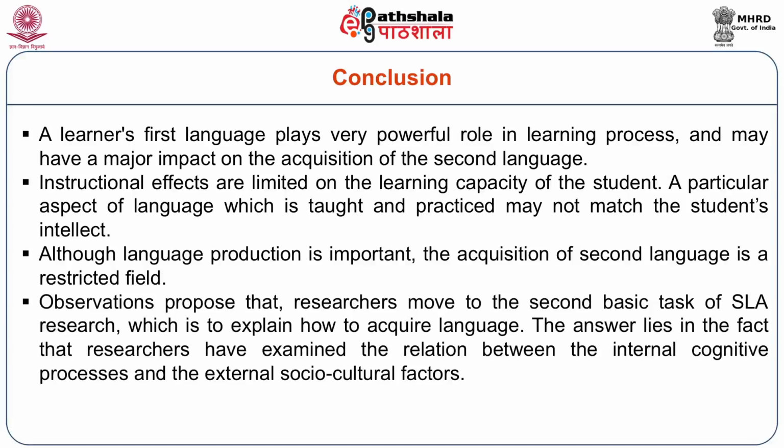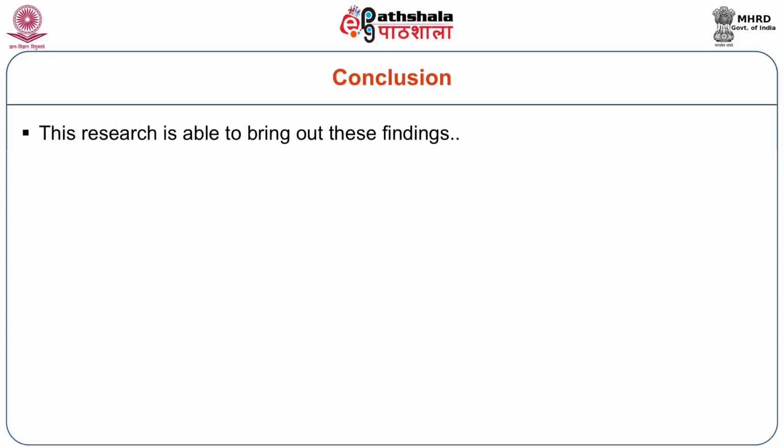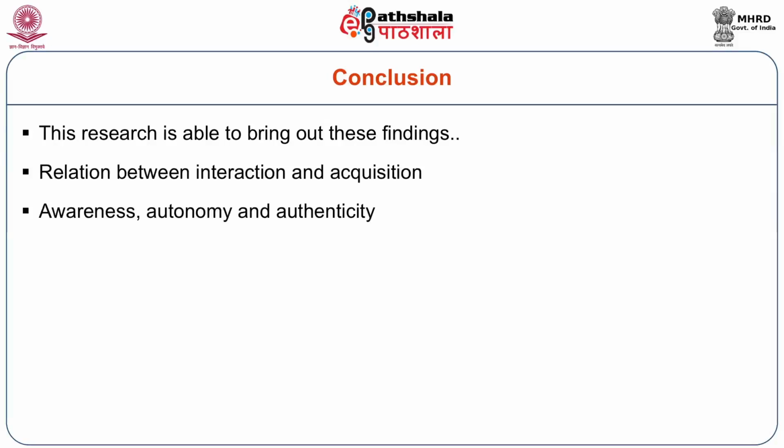These observations propose that researchers move to the second basic task of SLA research, which is to explain how we acquire language. The answer lies in the fact that researchers have examined the relation between internal cognitive processes and external socio-cultural factors. Just to conclude, we can say that research brings out these findings: the relation between interaction and acquisition, awareness, autonomy, authenticity, and the context of interactions are carefully designed.